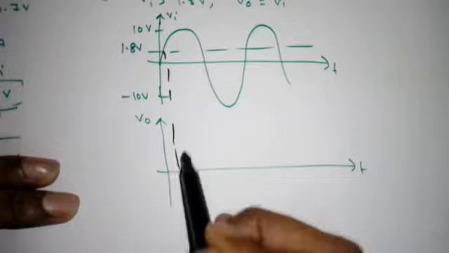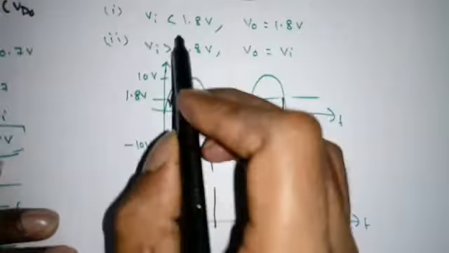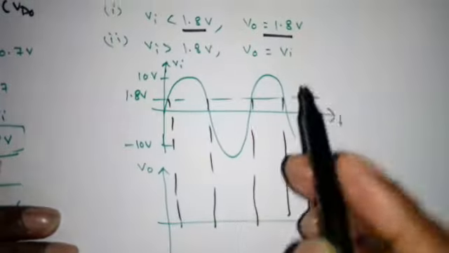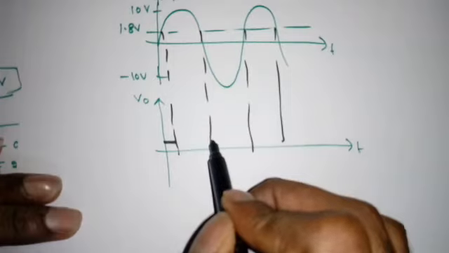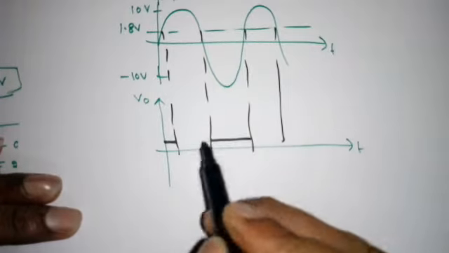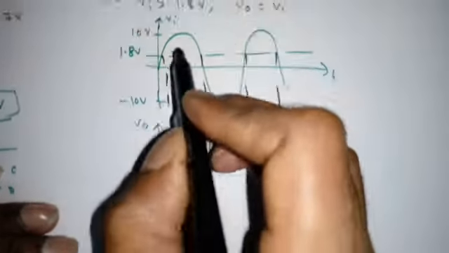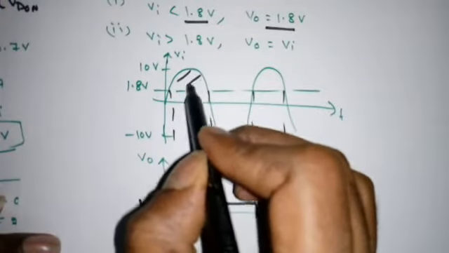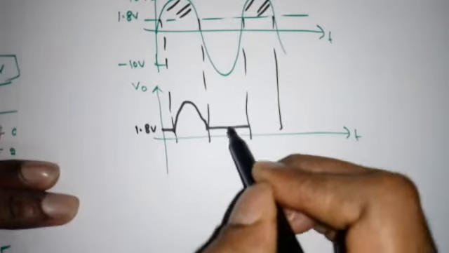This is 1.8 volt. Now first condition, when Vi is less than 1.8, we'll get 1.8 only. So here 1.8, here 1.8. Now this is 1.8 volt. When Vi is greater than 1.8, it follows Vi. So that means we'll get it like this.